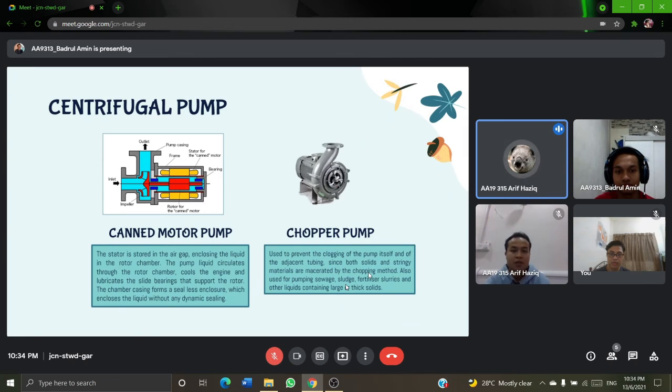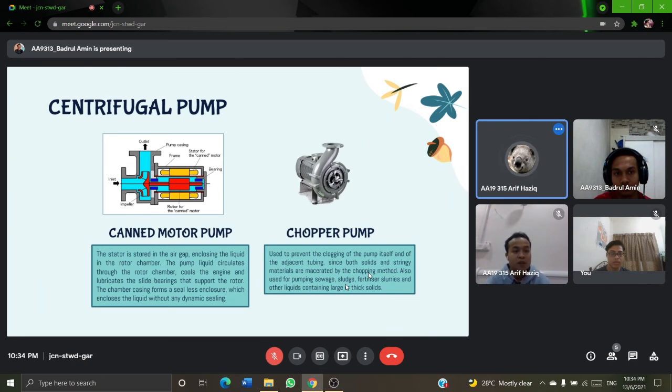The function of the canned motor pump is stored in the air gap enclosing the liquid in the rotor chamber. The pump liquid circulates through the rotor chamber, cools the engine and lubricates the slide bearing that supports the rotor. The chamber casing forms a sealless enclosure which encloses the liquid without any dynamic sealing.